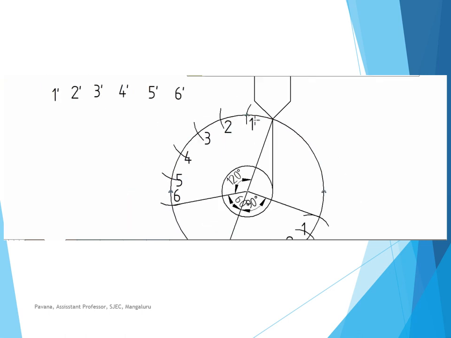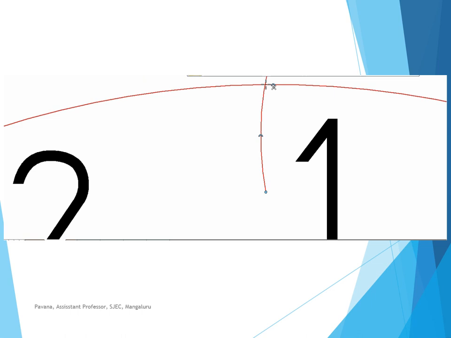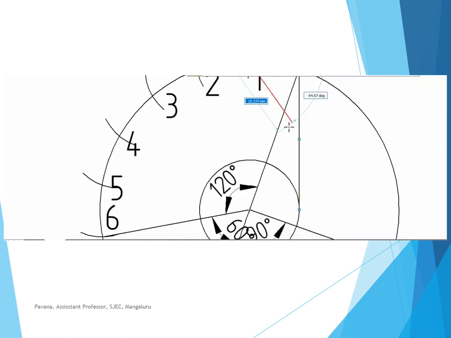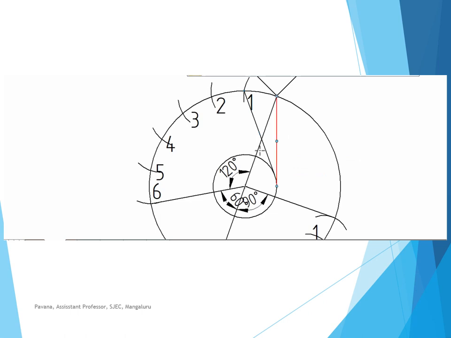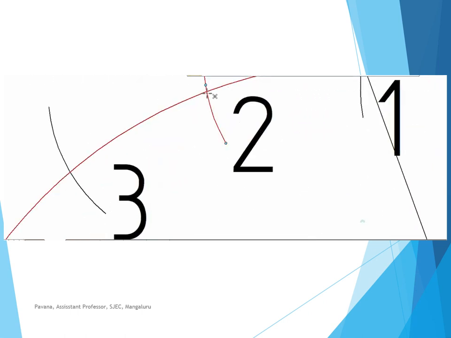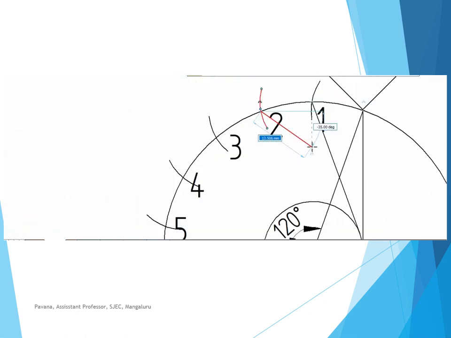So from this point, first tangent line. See that it should be a proper tangent to the offset circle. Next, second point, the same way, draw a tangent line.